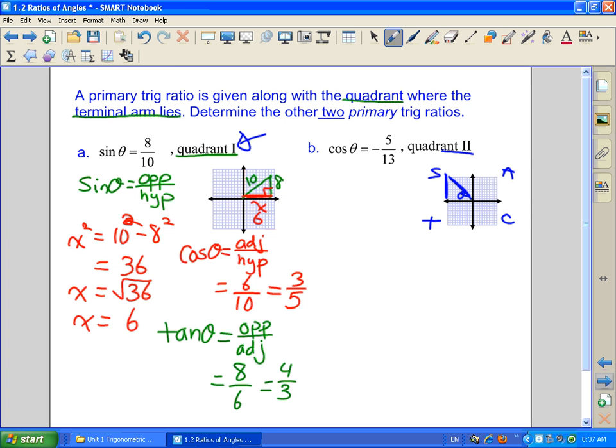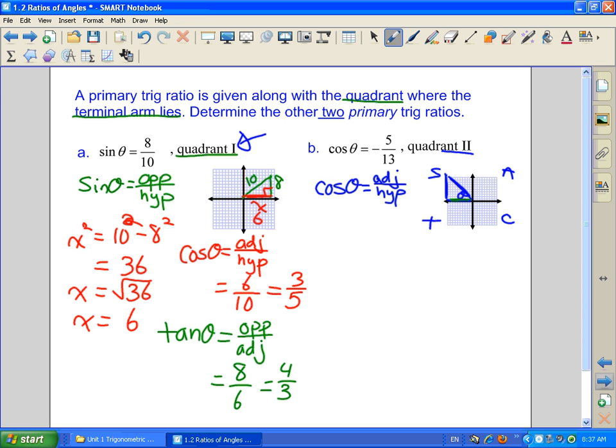Again, cosine theta equals the adjacent over the hypotenuse. The adjacent side is x here. Notice we're in quadrant 2, so x is negative.